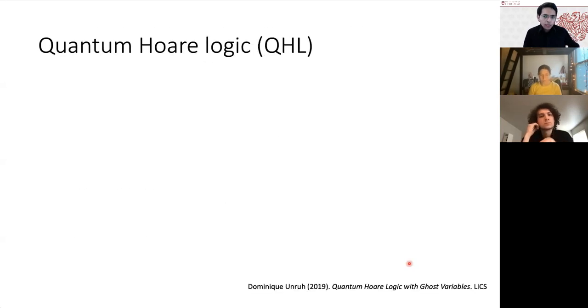So we looked at Hoare logic in the classical sense, and there is also similar work in the quantum setting in the last 10, 12 years. I'll be specifically describing some of the background on quantum Hoare logic by Dominique Unruh, who also uses ghost variables in his work.